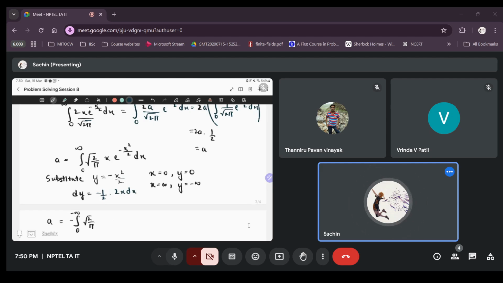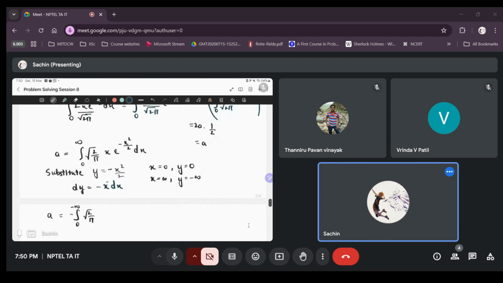The differential is 2x dx with the half taken outside, so it's minus x dx. So x dx is equal to minus dy. This becomes e power y dy. So you can integrate from minus infinity to 0, root of 2 over pi, e power y dy.